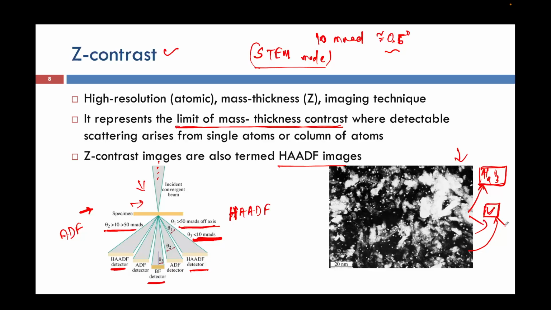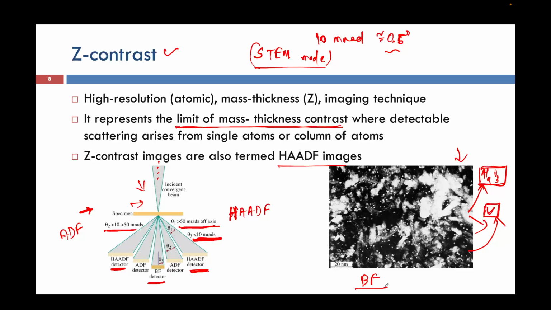Because the heavy metal scatters the electron in a direction that only the HAADF image can detect. In this bright field image, the darker regions belong to the alumina, which cannot scatter my incident electron beam to an extremely high angle.